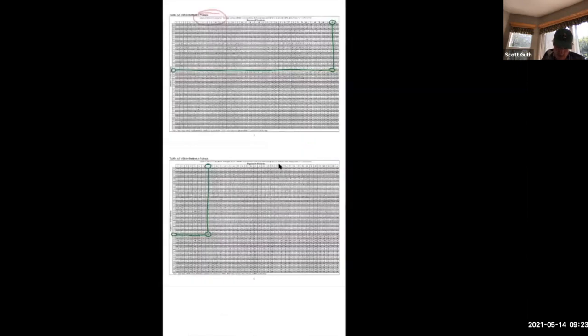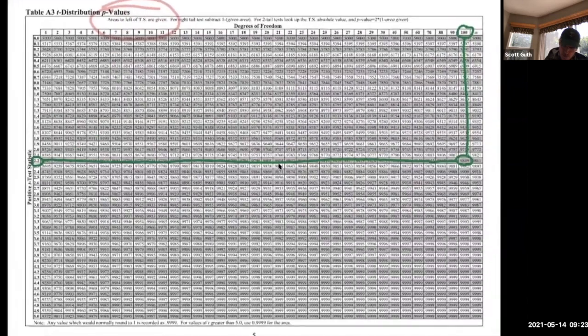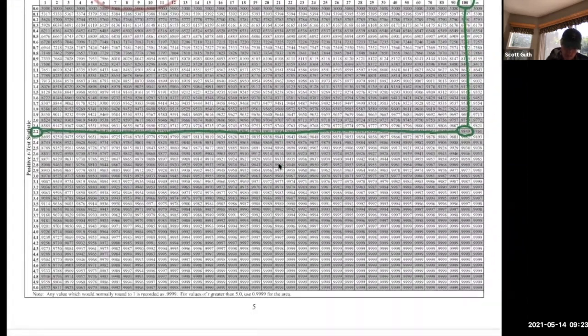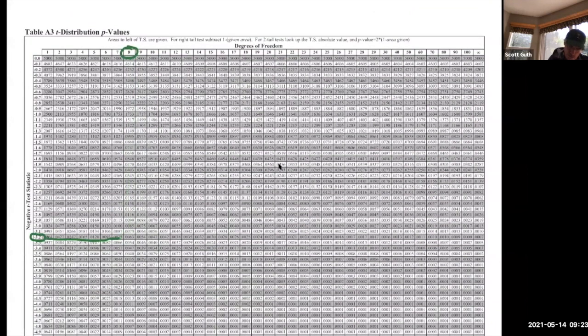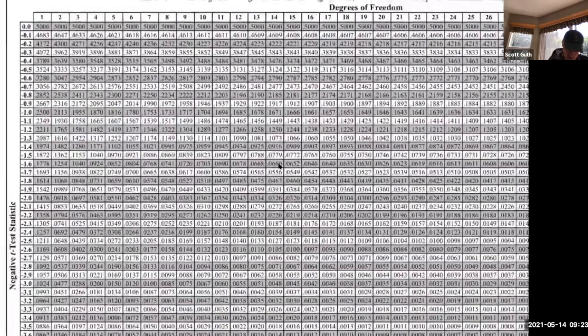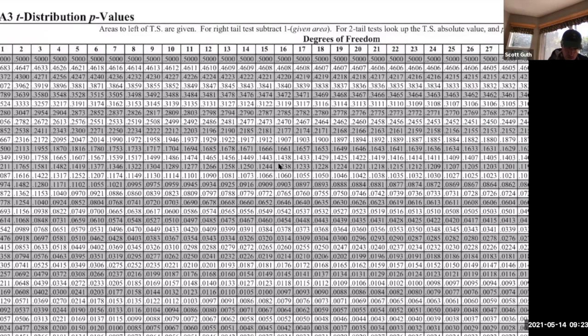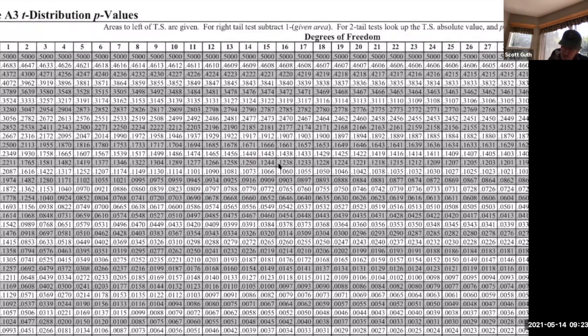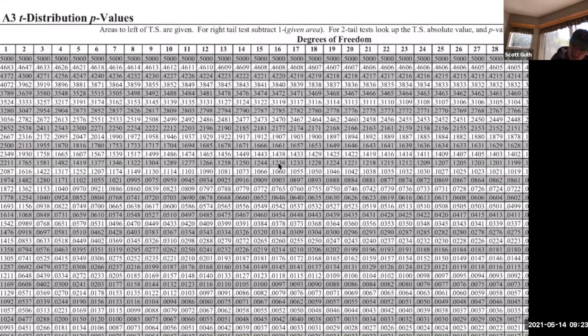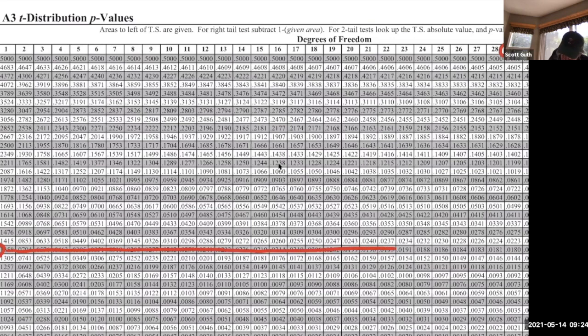I'm going to do the negative page. I think we can see it all just like that. So negative 2.2 is right here. 29 is way over there. So I'm just going to go all the way down to the end here at 29 degrees of freedom.